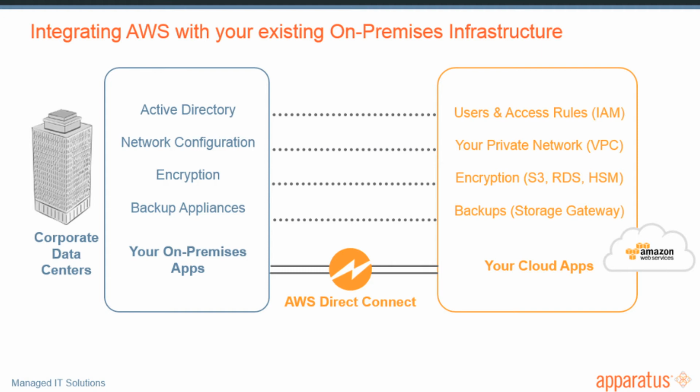At the network layer, VPC, we touched on this a little bit earlier, but it's basically a private network segment that you set up in AWS. It segregates you from everybody else that's running in AWS, and it makes a nice logical separation of your networks, just like it would in an on-premise network.